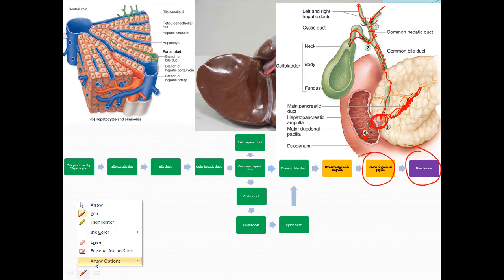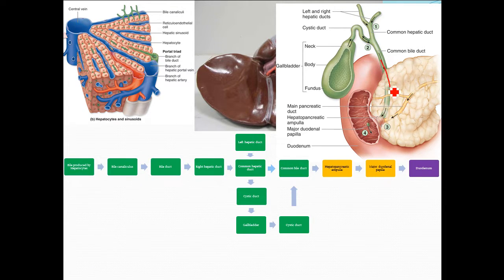So once again, common bile duct fuses with the major pancreatic duct here. They go to this area which is a little bit more enlarged, called the hepatopancreatic ampulla. Go out of the duodenal papilla here and out into the duodenum.